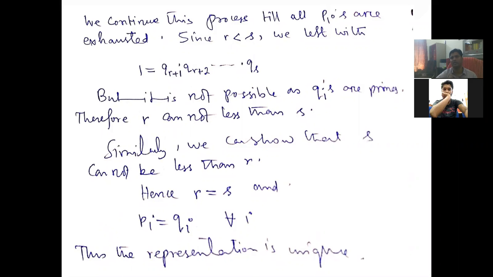Okay, means ये 2 है वहां 2 है, यहाँ 2 into 3 है वहां 2 into 3 है. These are same like this. So hence r equal to s and pi equal to qi for all i. तो यहाँ से क्या हुआ, all pi qi के बराबर है और दोनों के नंबर्स भी इक्वल है. जितना p नंबर से मतलब p10 है तो आप q भी 10 तक चल रहे हैं.